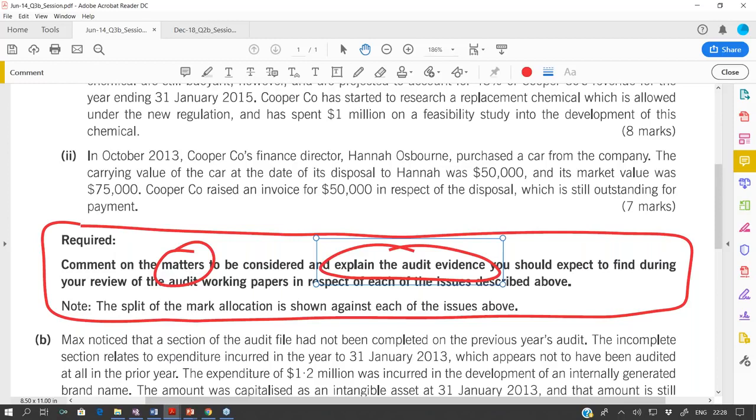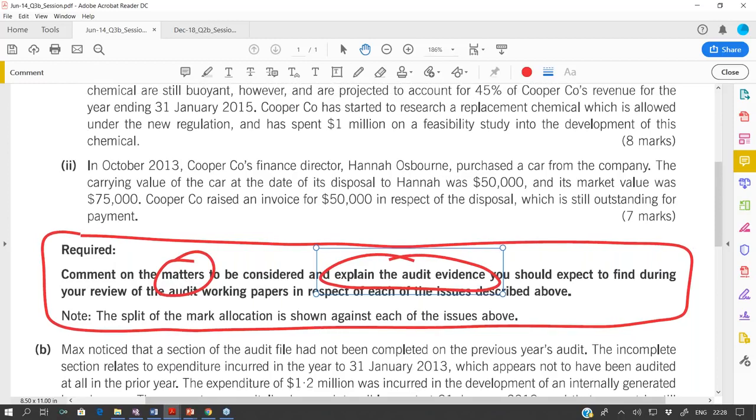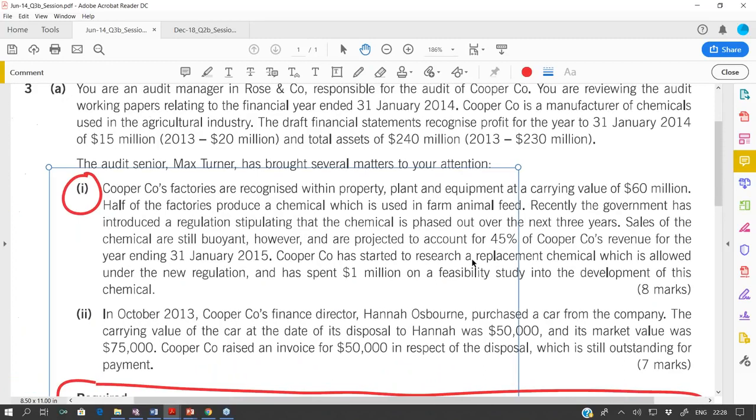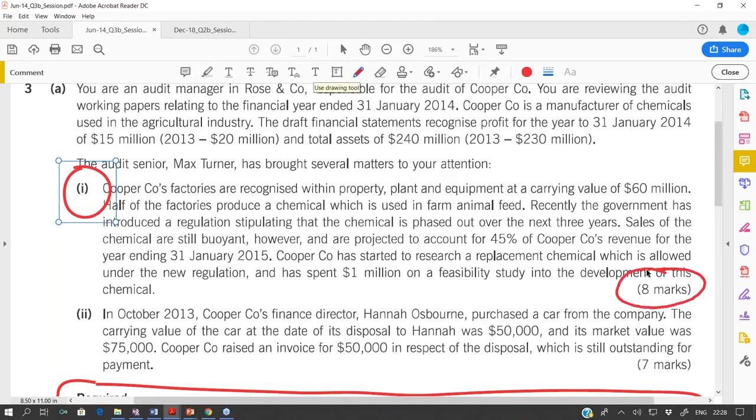Now let's see how many marks we have above. For the first requirement, we have in total 8 marks. And for the second requirement, we have 7 marks.